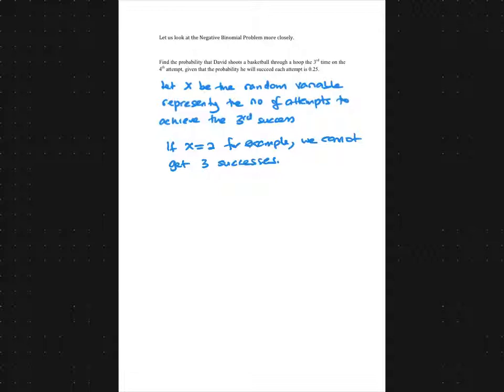Let us just call the probability of success p for now. So the probability that x equals 3 will be simply p cubed, because we must have p and p on the first 2 attempts to get 3 successes.